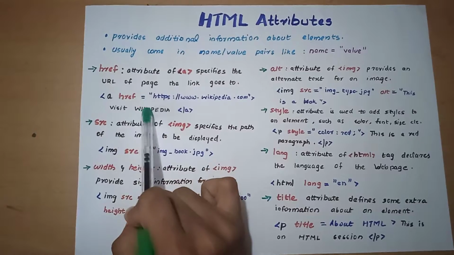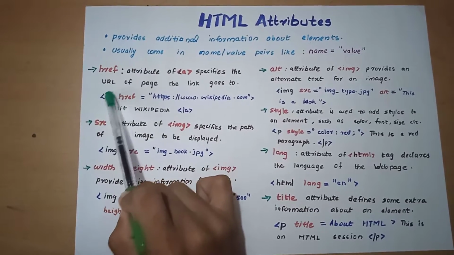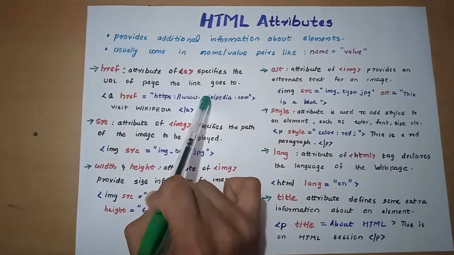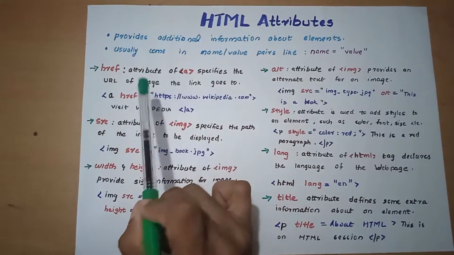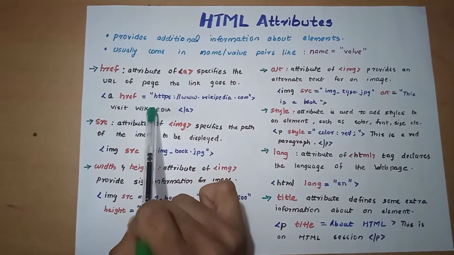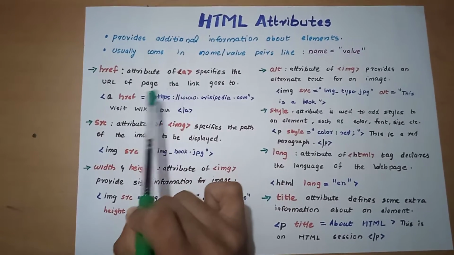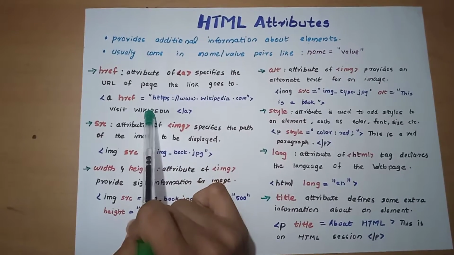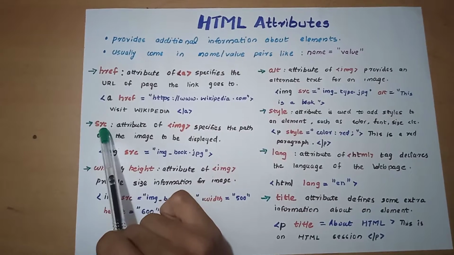It is normally written like this, that is anchor tag href. We refer a link here in order to visit that page. So here I am writing to visit Wikipedia. So what will I do? I'll write the link for Wikipedia. That's all.